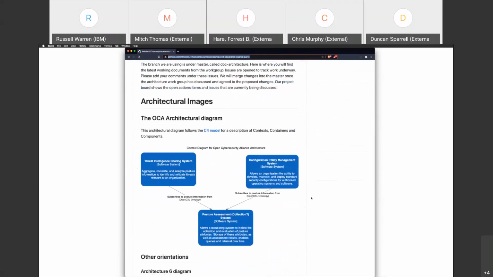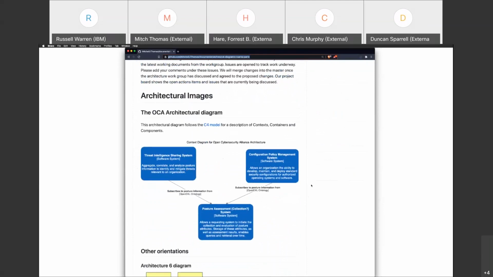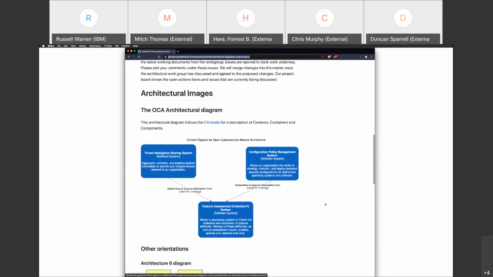We come from different parts of the security world. I won't give you a primer on that. We don't necessarily cover all of the knowledge that was required for all these diagrams. So we're trying to reach out, and so item number one, we're trying to reach out and get more help in terms of doing this right or doing it well. In the absence of input, we're going to make things up. That is also known as design.